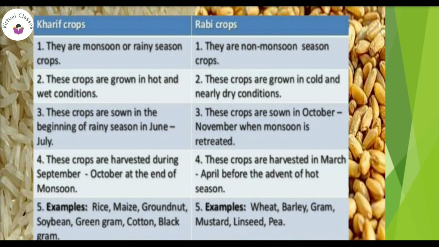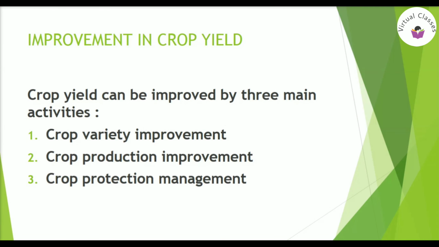Kharif crops are harvested during September-October at the end of monsoon, while Rabi crops are harvested in March-April before the advent of hot season. Examples of Kharif crops are rice, maize, groundnut, etc., while examples of Rabi crops are wheat, barley, gram, etc.